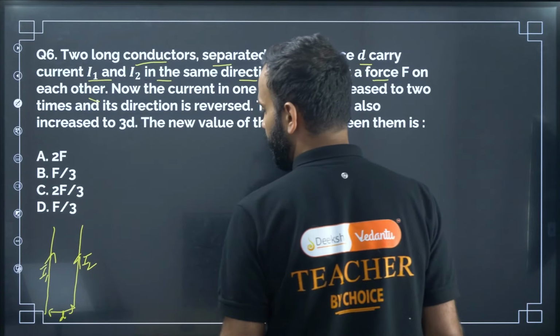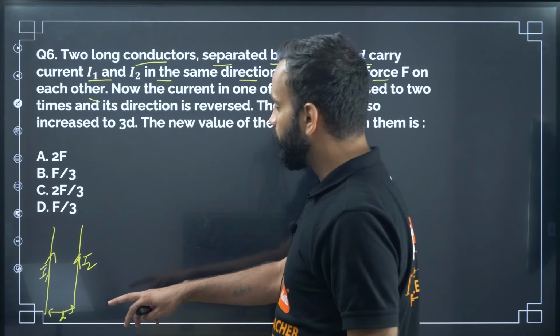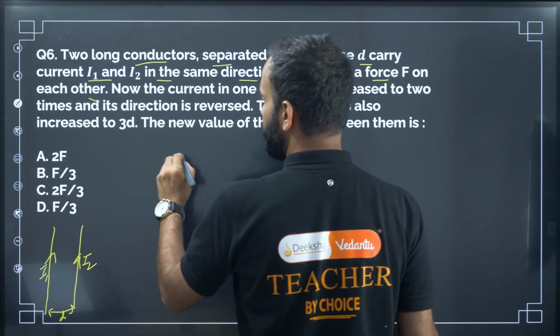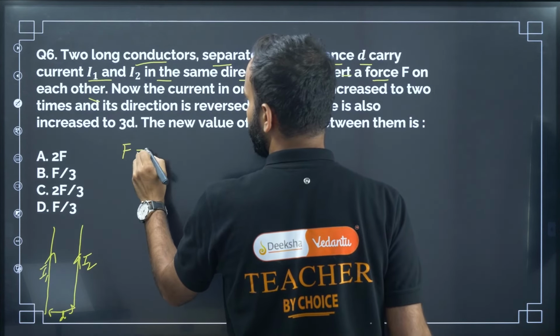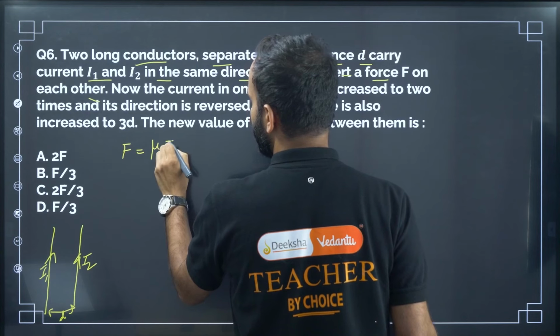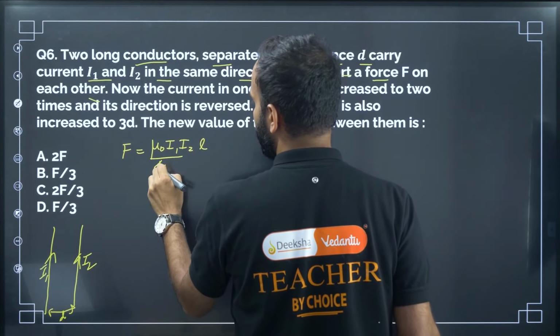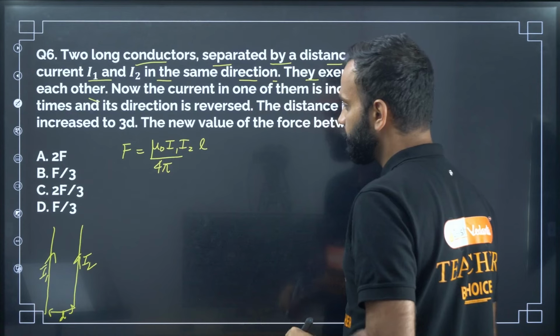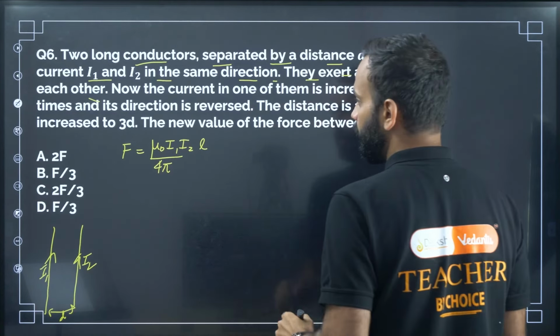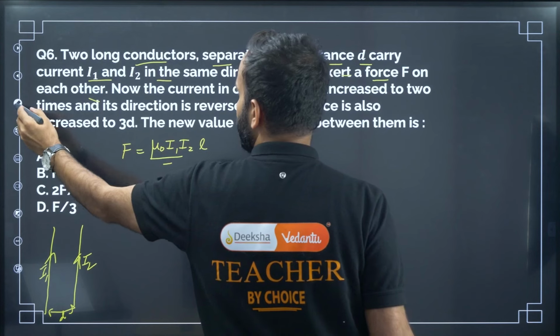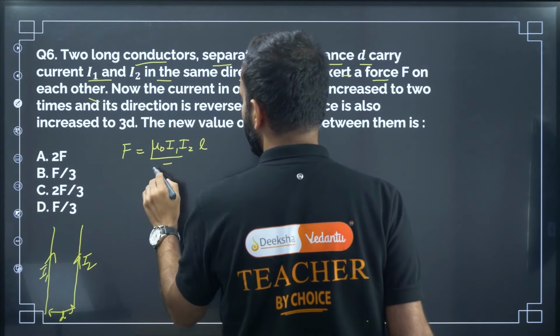So the force acting on second wire due to first wire, or first wire due to second wire, is F. So F equal to mu naught into I1 into I2 into L divided by, not 4 pi, it is 2 pi d.